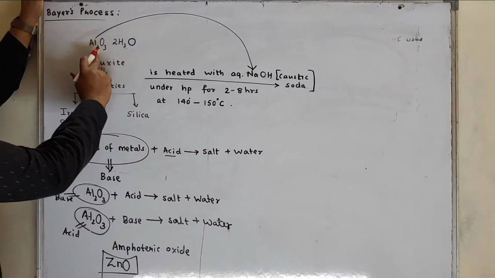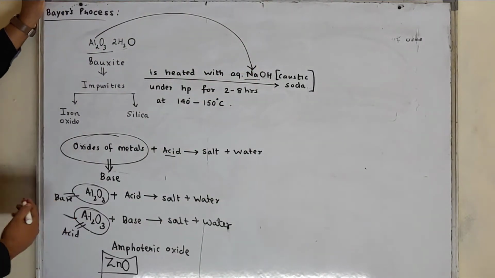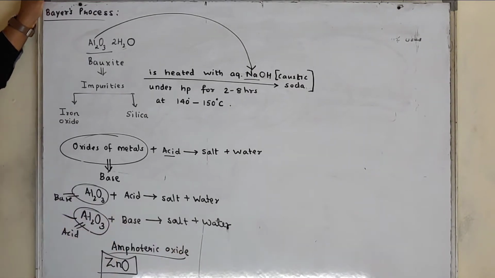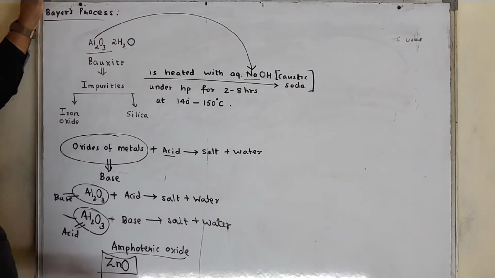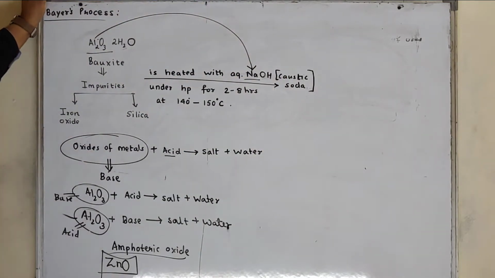Now, will aluminium oxide react with base? Definitely it will react with base. Why? Because aluminium oxide is an amphoteric oxide. So it will react with base and get dissolved in aqueous sodium hydroxide.